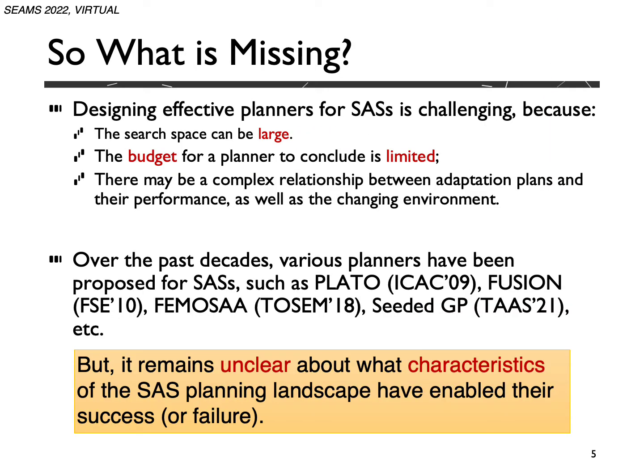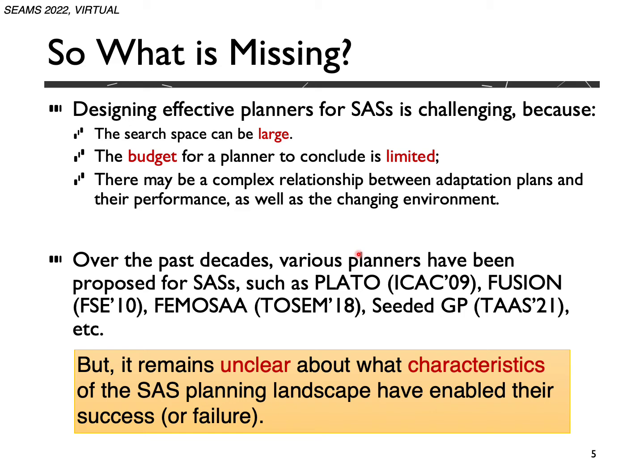But what is missing? We know that designing effective planners for SAS is challenging. The search space could be large; on some occasions it could be a few hundred thousand possible adaptation plans. Also, the budget for a planner to conclude and terminate could be limited because of dealing with a runtime scenario.